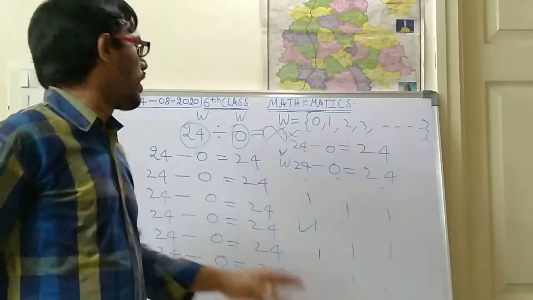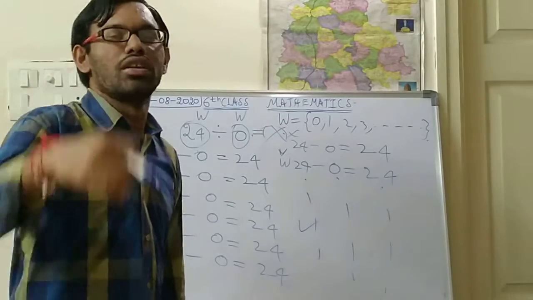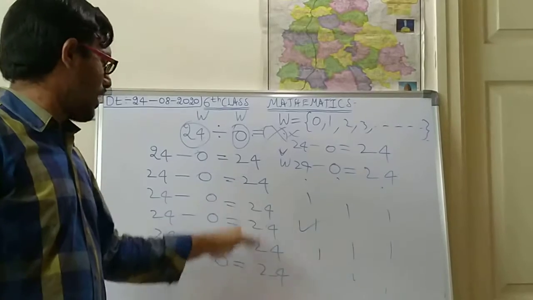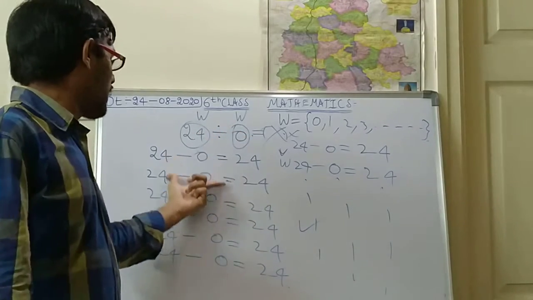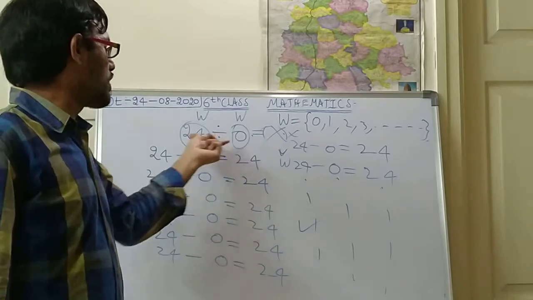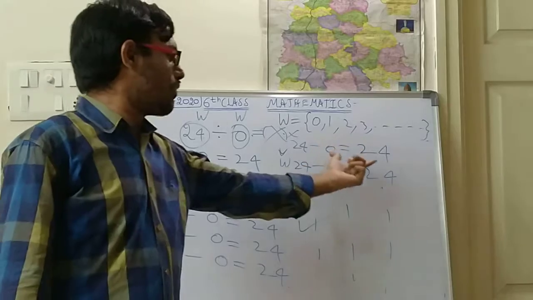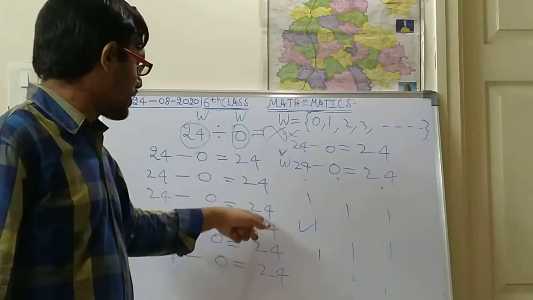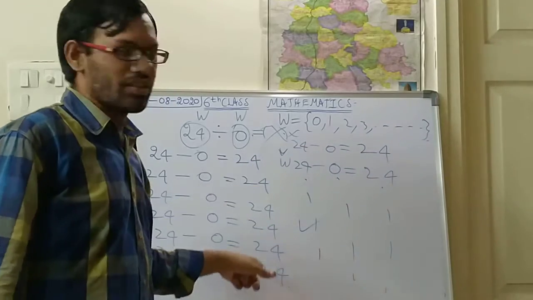So simply you write: if anything is divided by 0, you say straightforward that it does not satisfy, and you explain like this. Division means repeated subtraction of the divisor from the dividend. If you do it repeatedly, the number does not change. In the previous problem the number was getting reduced by 3 each time.